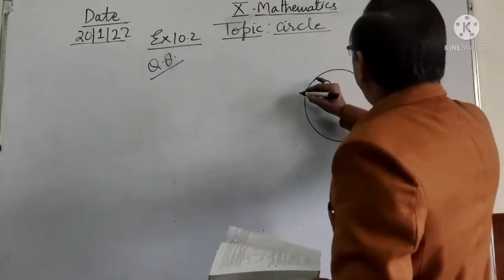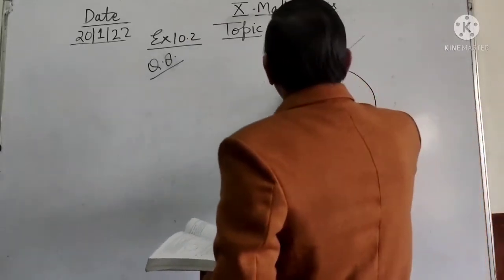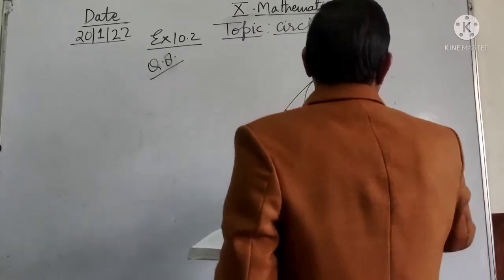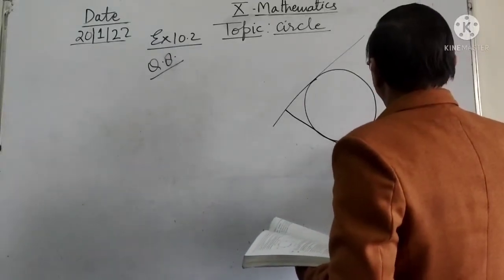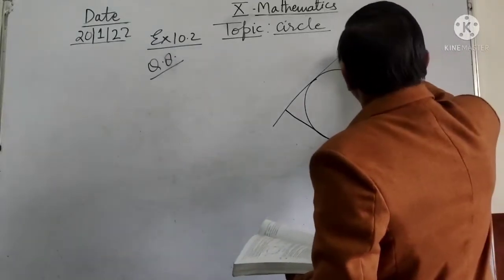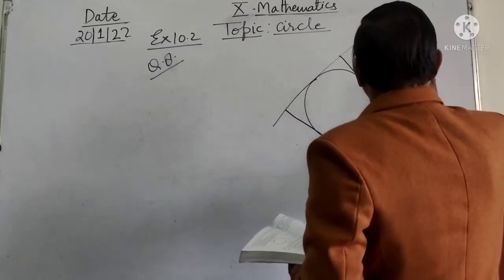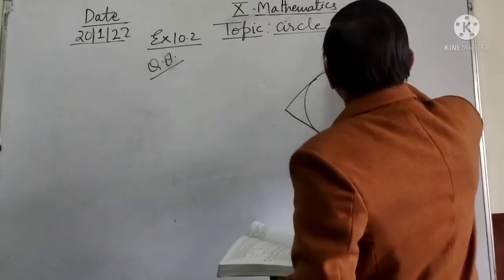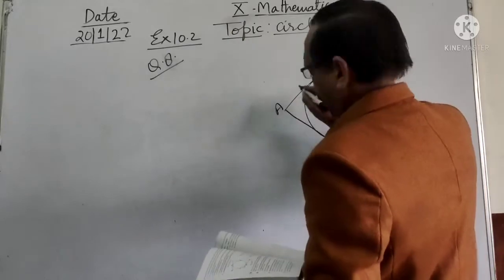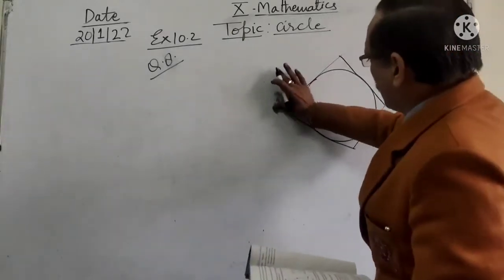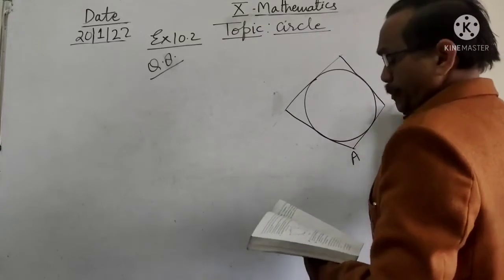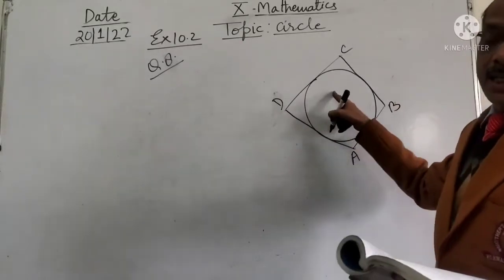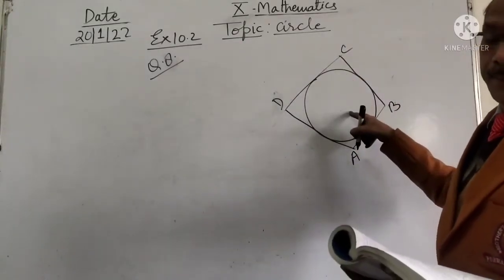There is a circle and a quadrilateral, A is here, B, C, D. This quadrilateral circumscribes the circle.